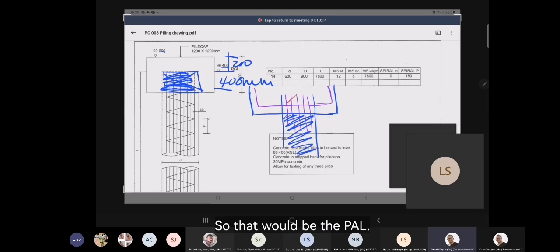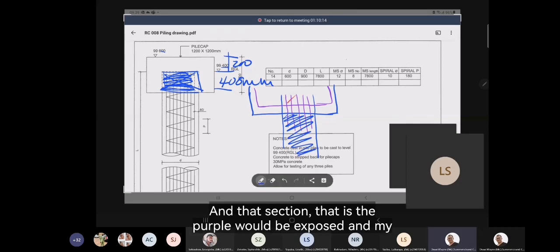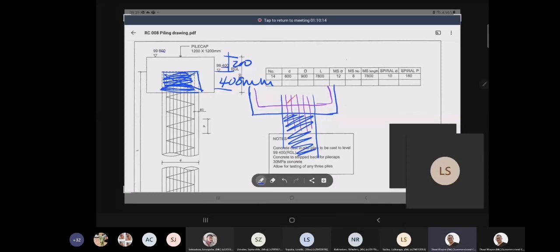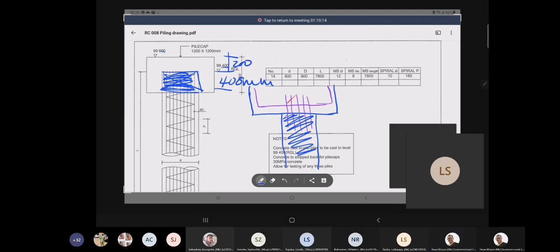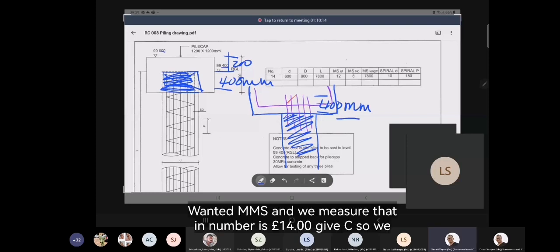So that would be the pile, and that section that is the purple would be exposed, and my pile goes down there. Only the steel would be exposed, that will be joined into my pile cap. So we've stripped back 400 millimeters, and we measure that in number. There's 14 piles you see.